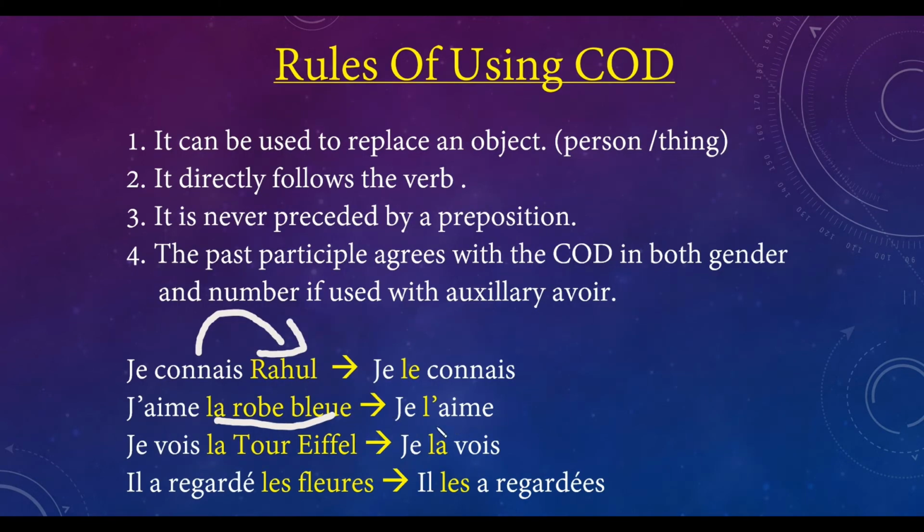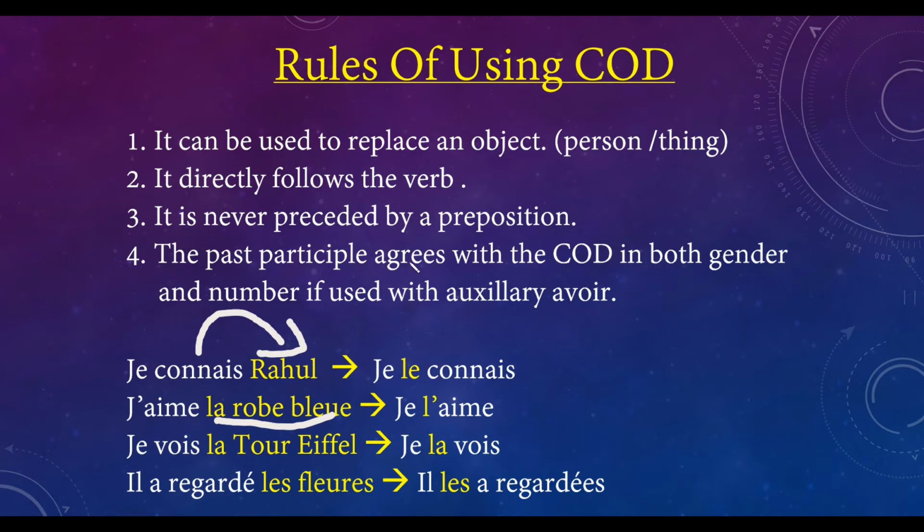And you can see here it is followed by a verb starting with a vowel, so you will use l'apostrophe here. Next one. Je vois la tour Eiffel. I see the Eiffel Tower. So feminine singular again, you use la. Je la vois.